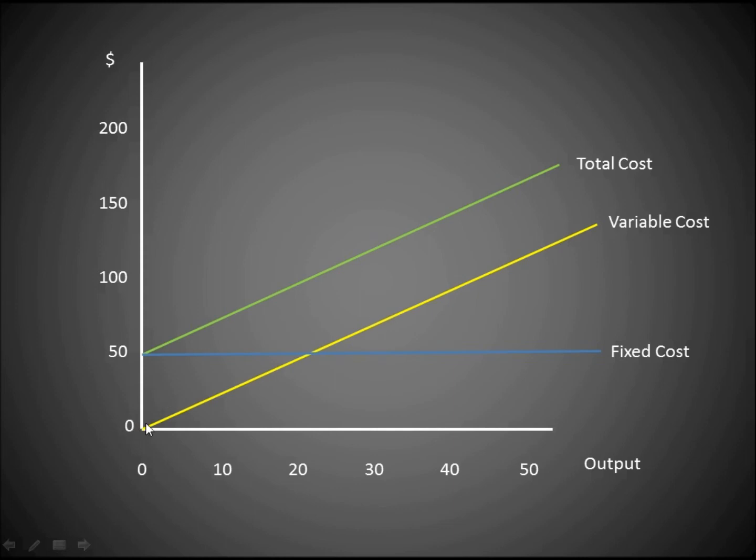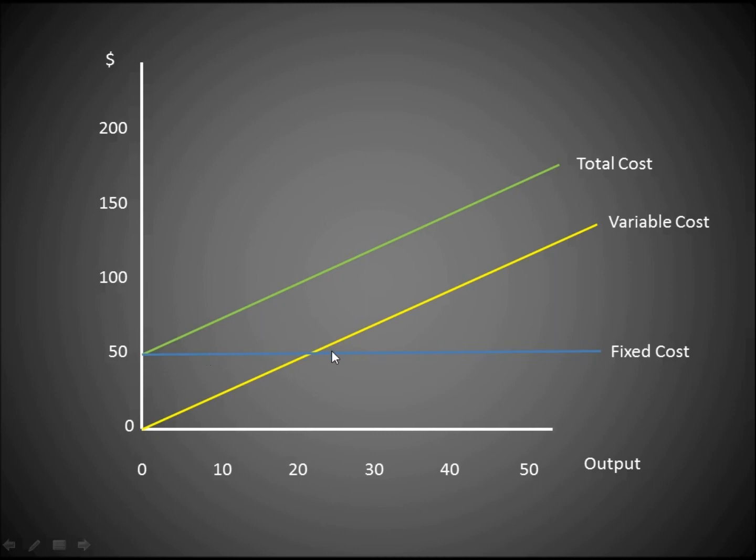However, variable cost comes out of the axis at 0. If you're not producing anything, if you're not paying for any variable inputs, you have 0 output, but you also have 0 variable cost. But total cost doesn't go through the axis. Total cost starts at 50.